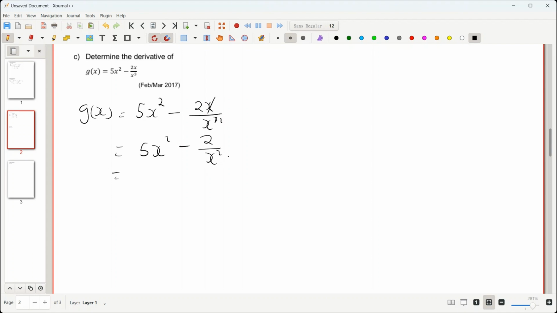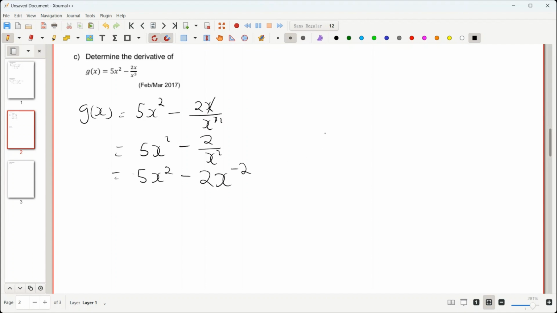You need to remember your exponential law. If you are dividing by x squared, you need to remember the exponential law to remove it from being a fraction. Your 1 over x squared can be written as x to the power negative 2.